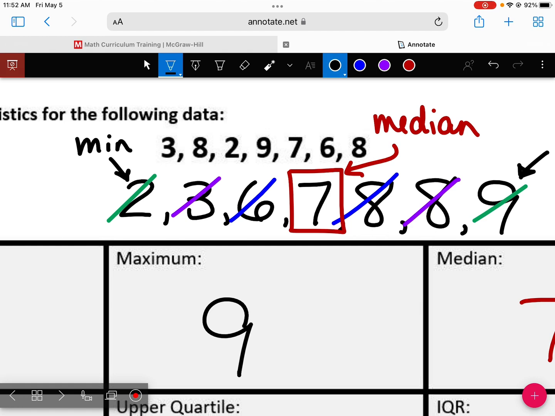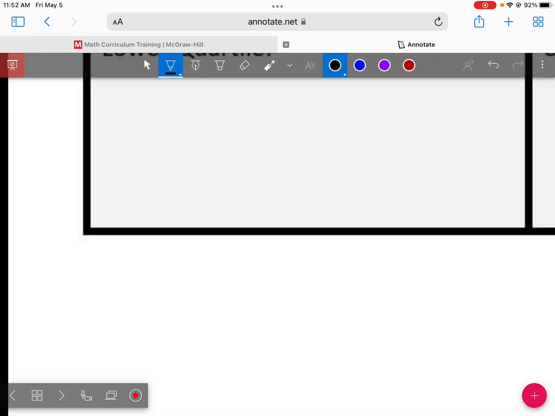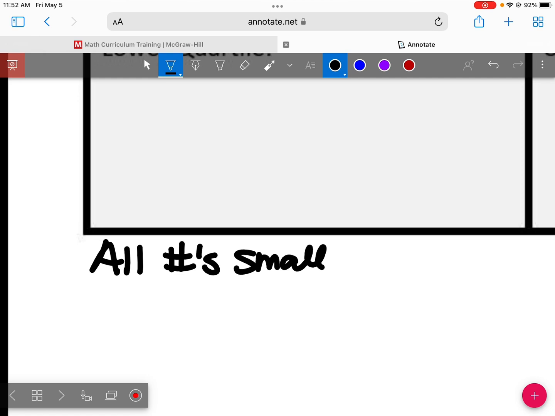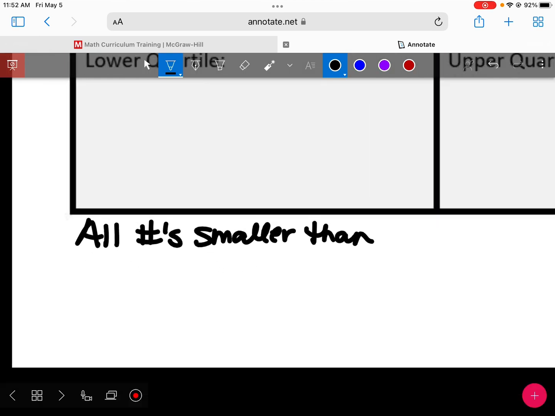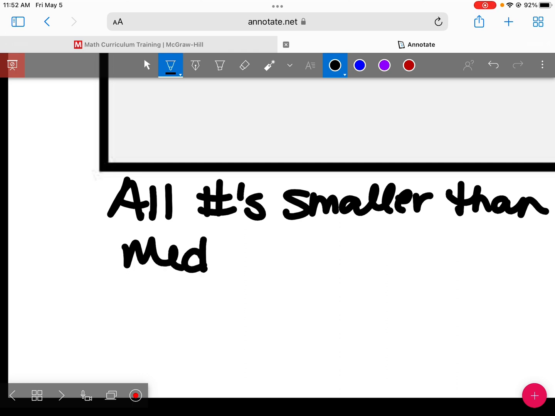All right, now the bottom three boxes, the new pieces. For the lower quartile, I want all the numbers that are smaller than the median. What's the median? 7.